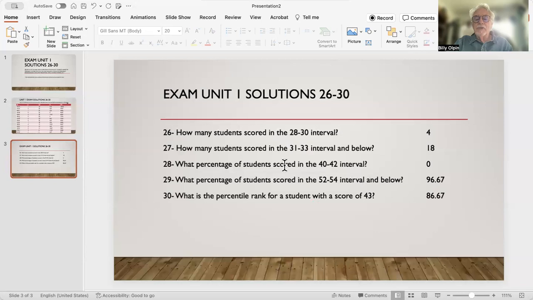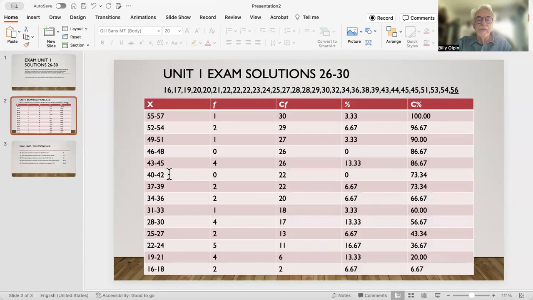All right. What percentage of students scored in the 40 to 42 interval? Same thing. Now I'm in the 40 to 42 interval. I can go straight across. There's no students, right? Nobody scored in that interval. So obviously the percentage is 0 also. Okay.